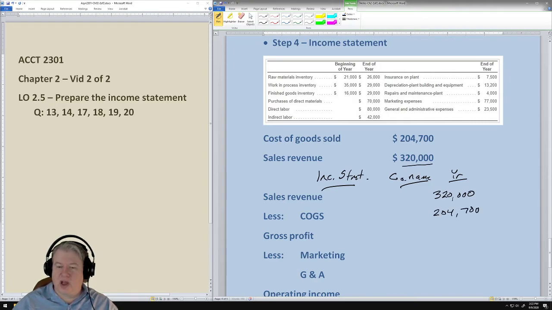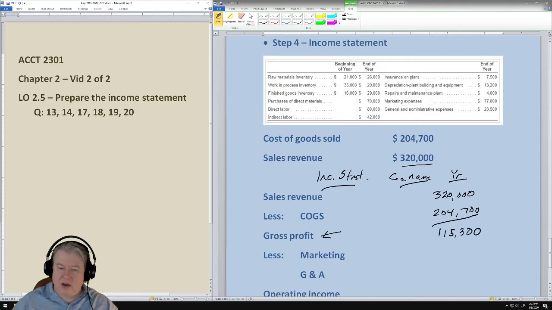And while those other terms I'm not so concerned about, this is one term that you probably should already know and you should just keep being aware of: gross profit. So gross profit typically is not our final income. Our gross profit is our sales revenue minus our major expense. And our major expense typically is the cost of the item that we're selling. So this is our main operating item. So this would be 115,300.